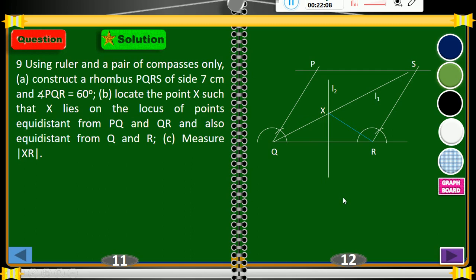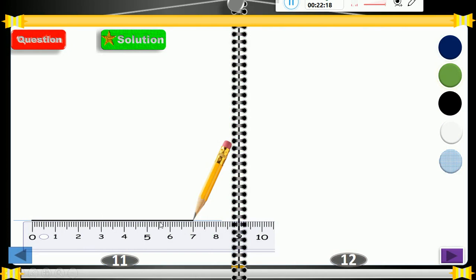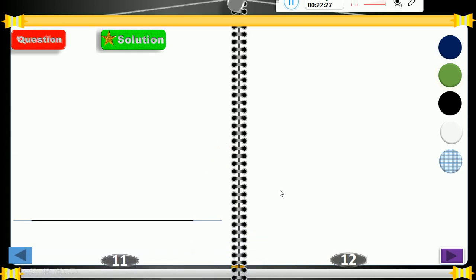Then we're now going to go to the whiteboard to carry out the construction. So now we draw the line and label the length 7 centimeters. With a compass, place your compass at the point Q. Draw an arc.